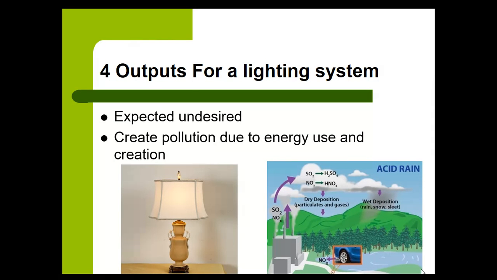So, when we use light or any electrical item, this is happening in most cases. If you're using solar power today, that's obviously not going to happen the same way. But whenever we use most normal electricity, it is creating pollution somewhere. So that's expected and undesired.